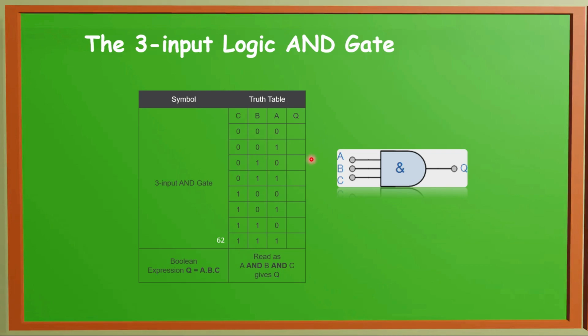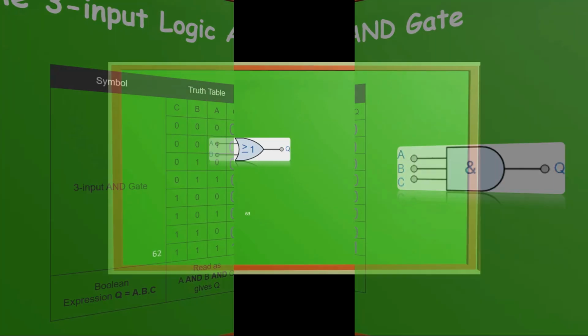The first combination is all the inputs are 0, then one input is 1, others are 0, and this 1 can keep on changing. Then 2 inputs as 1, 1 input 0. Like that we have other possibilities. But whenever there is a single 0 in the input, the output will be 0 because it is a multiplication. So we'll get output 1 only at the last stage where all the inputs are 1. This is the 3 input AND gate.